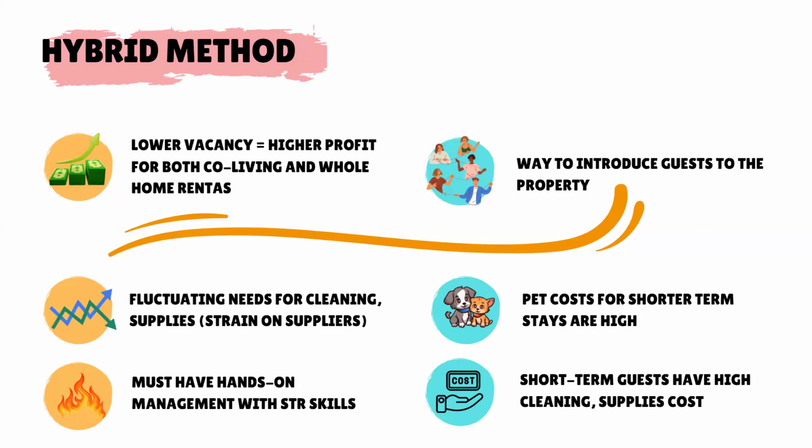When you have a hybrid method, imagine that you have 3 different guests occupying your property for only 1 week or 2 weeks, and they have a pet. Now, the damage in 1 week could be the exact same damage cost as in 3 months by a pet. But can you take a $500 deposit on a 1-week stay for a pet? It is unlikely. So the pet cost for shorter term stays can be quite high.